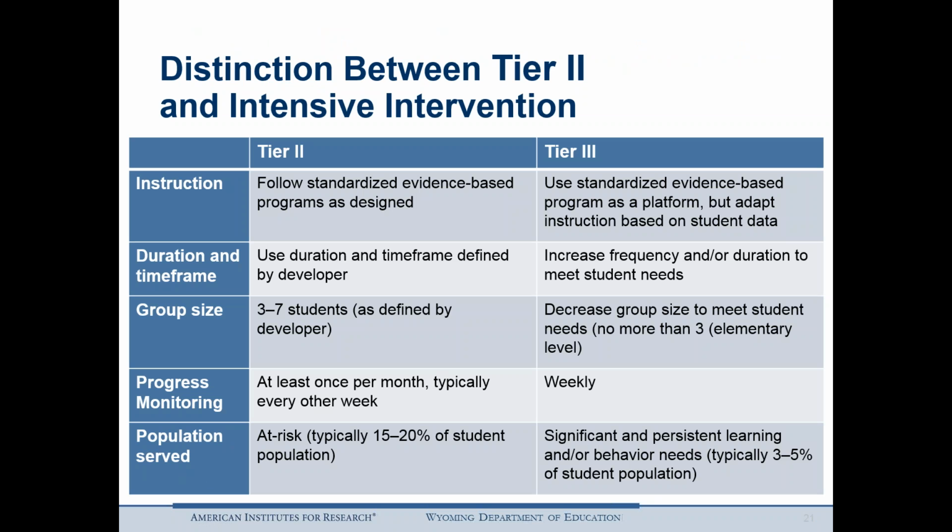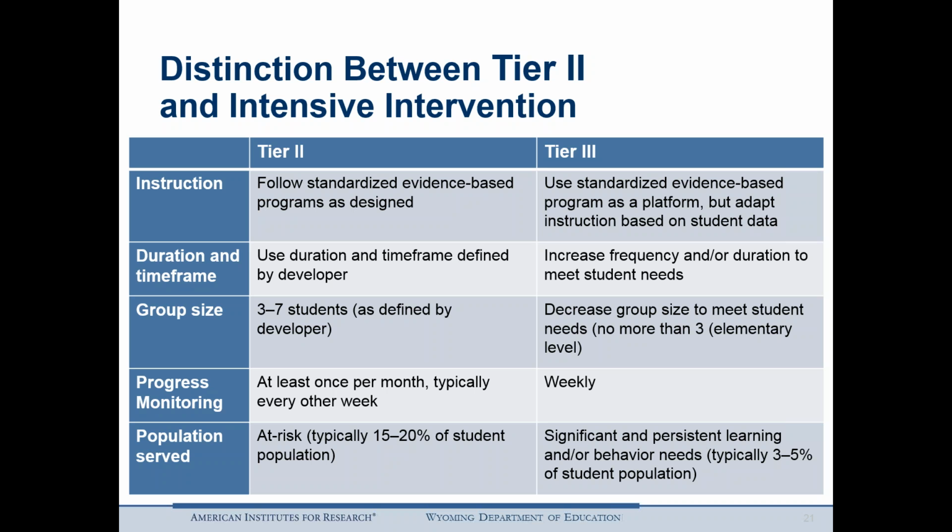While the focus of this module is on Tier III interventions, it's important to note the features that distinguish Tier II from intensive interventions. As we discussed, it's important that students who require additional support receive Tier II standardized interventions. If Tier II interventions are insufficient, each feature of the intervention is intensified to provide Tier III or intensive intervention. You'll notice that the main distinction is that Tier II interventions are generally standardized, while intensive interventions are more individualized.